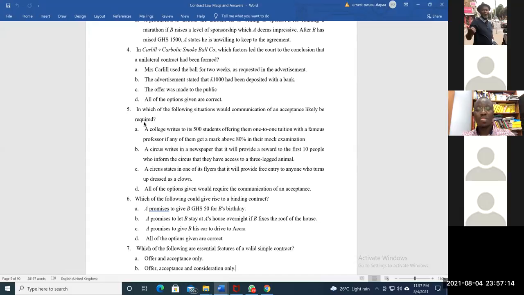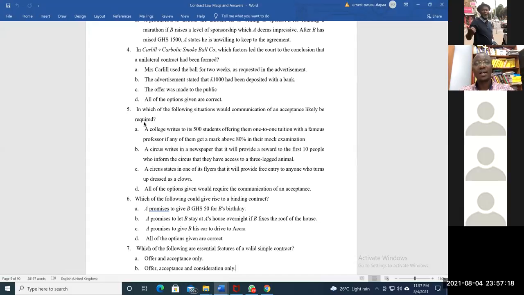It's not possible, this was a mere puff and all that. And then the court said that no, you indicated that the ball should be purchased and used according to the prescribed manner, and if a certain outcome happened, then the person who used it was entitled to a promised reward.